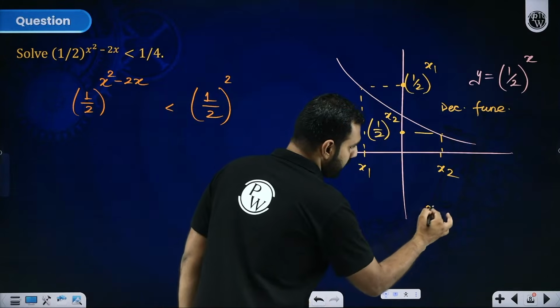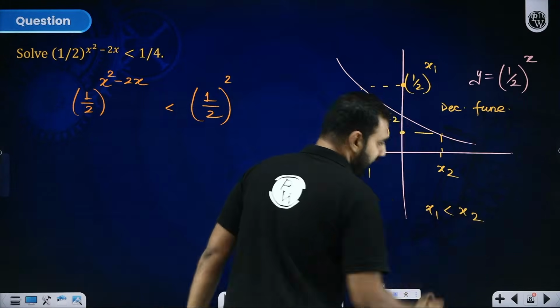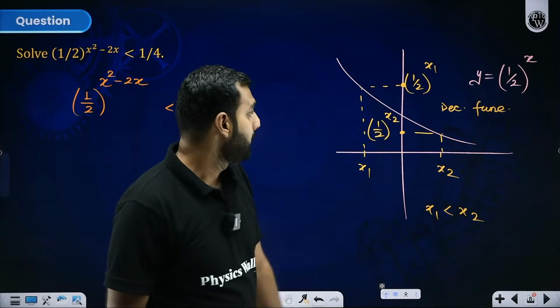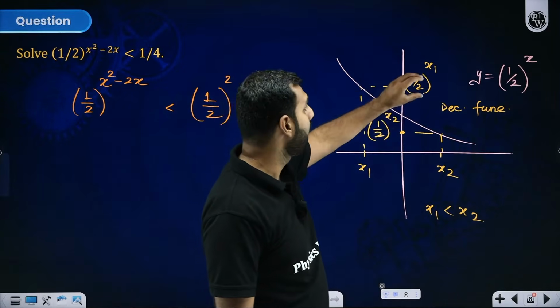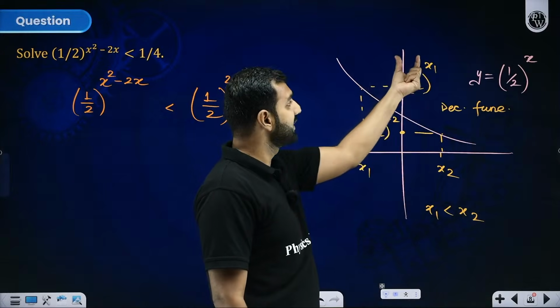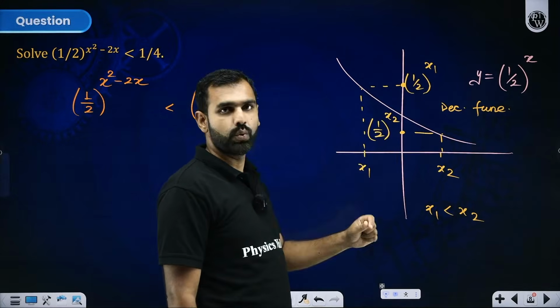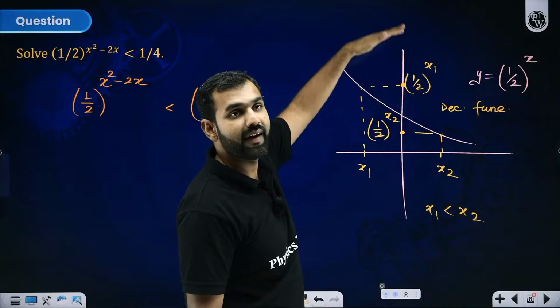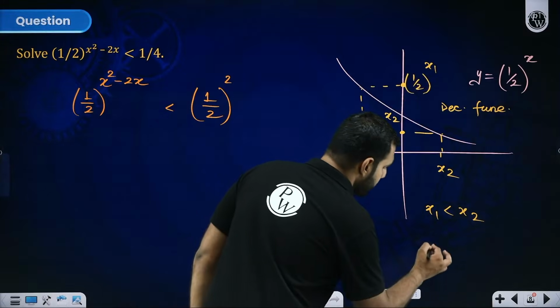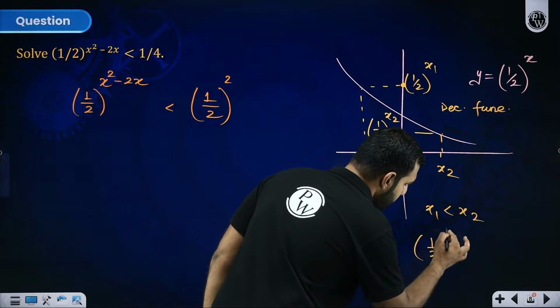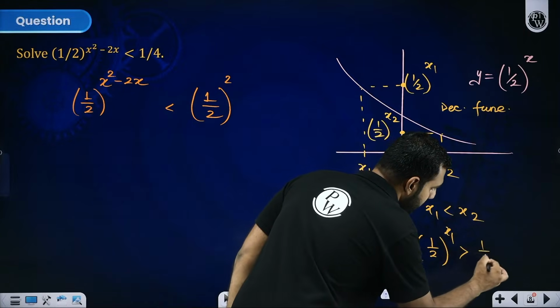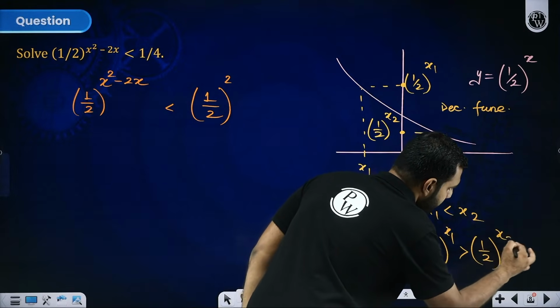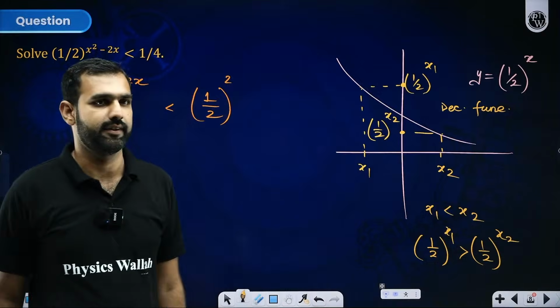So we know that x1 is less than x2. But on the graph, 1 by 2 to the power x1 is greater than 1 by 2 to the power x2. Why? Because it is above on the y-axis. So will I not say 1 by 2 to the power x1 will be greater than 1 by 2 to the power x2?